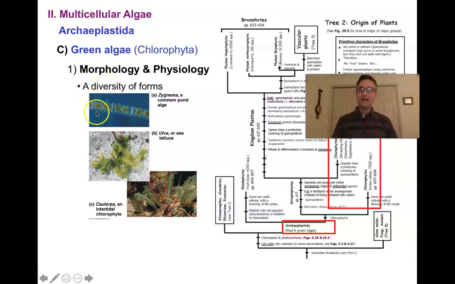We have some that are actually colonial organisms as opposed to multicellular organisms, which we see with this Zygnema over here. We have some that are truly multicellular, and so here's an Ulva, and you can see that its body is differentiated with specialized structures. You see these very leaf-like blades over here.